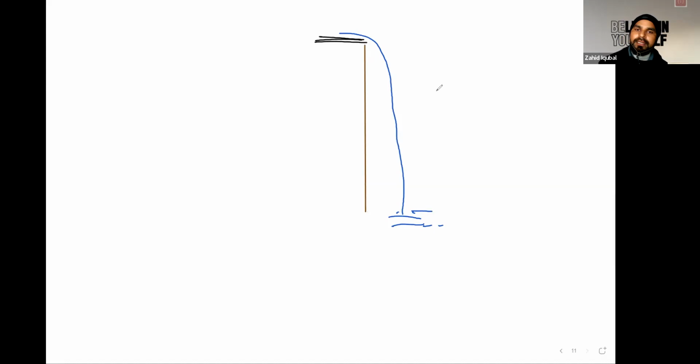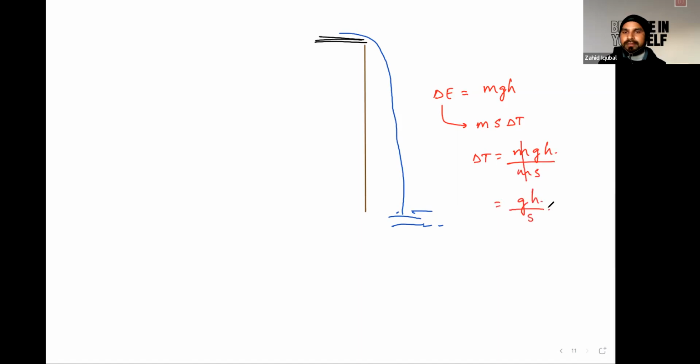So this change in energy due to gravitational potential energy, mgh, some amount of it will convert into a change in temperature, that is m s delta T. So delta T will be equal to m g h divided by m s, so g h divided by specific heat.